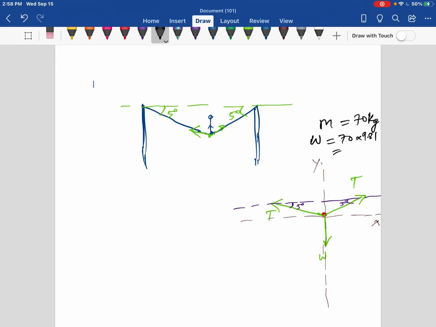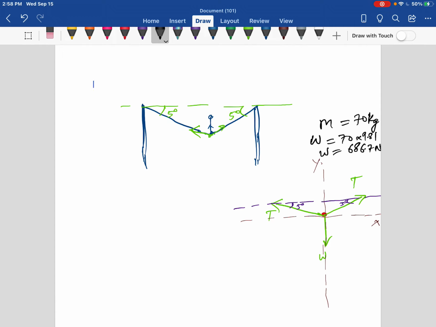Weight of this person: 70 multiplied by 9.81, so 686.7 newtons. That is the weight of this person, and that is this force downwards.